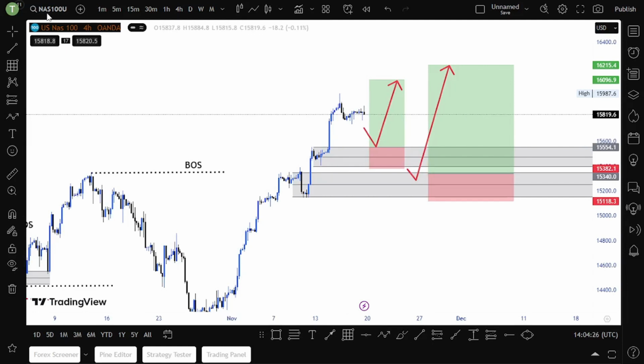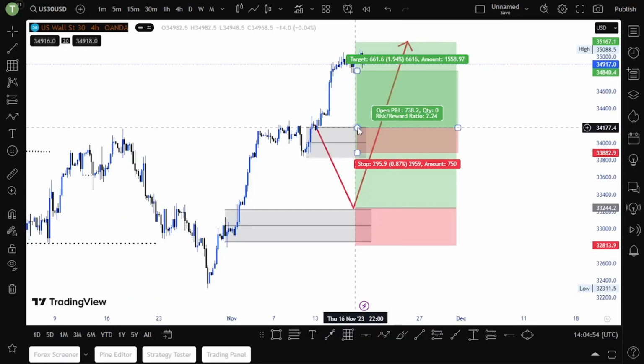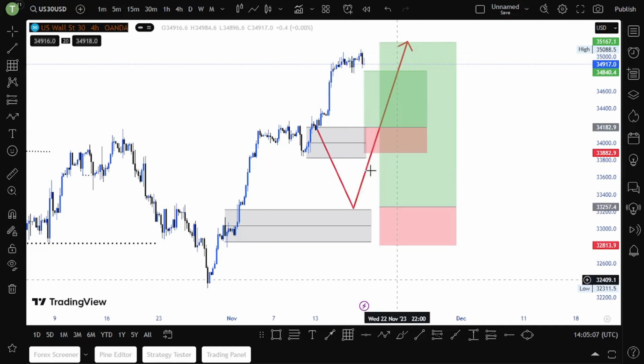So now let's move on to the USD. Now looking at USD, USD is moving like NAS. So now we'll be waiting for our entry here.